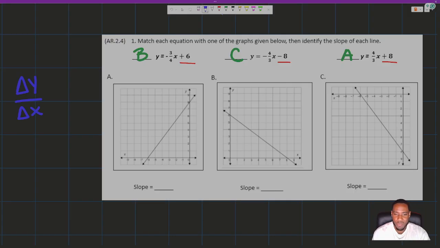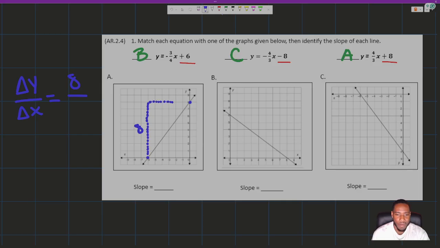And on a graph, it's especially easy to see because we can count it. So if I look at this first graph here, to get from this point down here, the x-intercept, to this point up here, the y-intercept, that's a change in y of going from 0 all the way up to 8. So our change in y is 8.